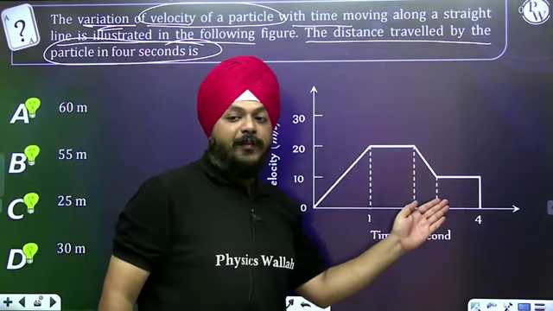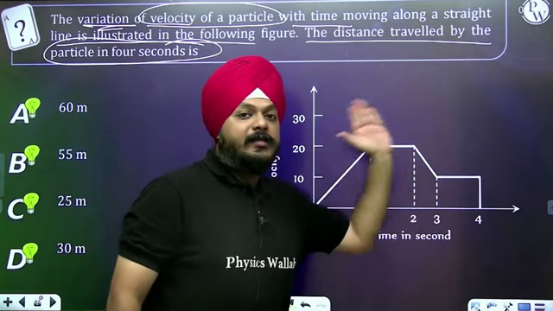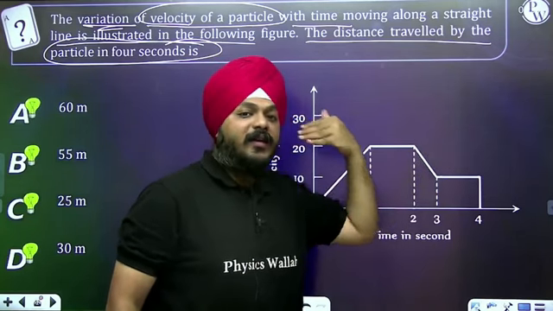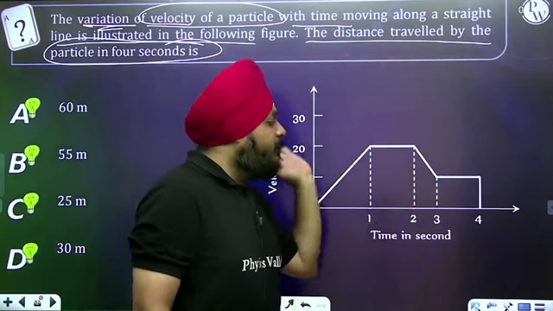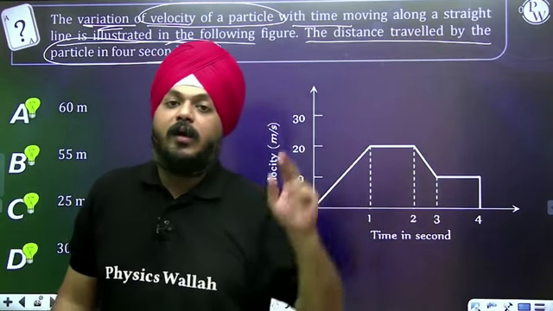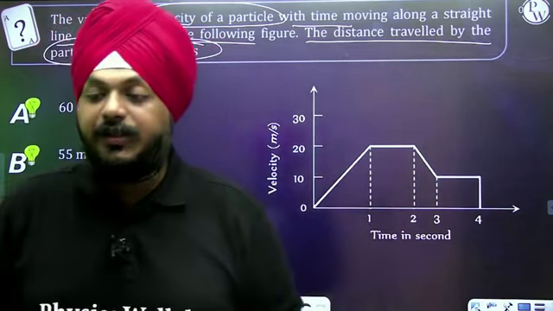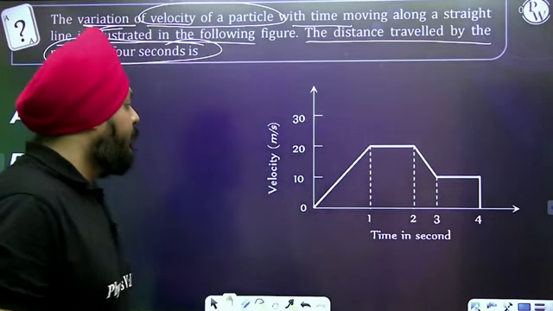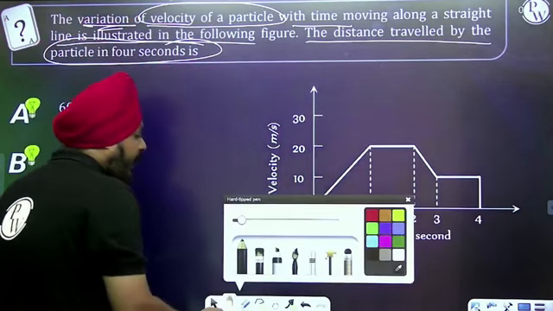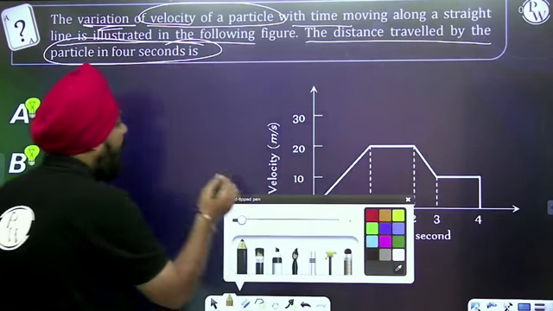This is a velocity versus time graph. The area under it gives distance or displacement, and the slope gives acceleration. This is a VT graph, and in a VT graph it is a very simple thing.